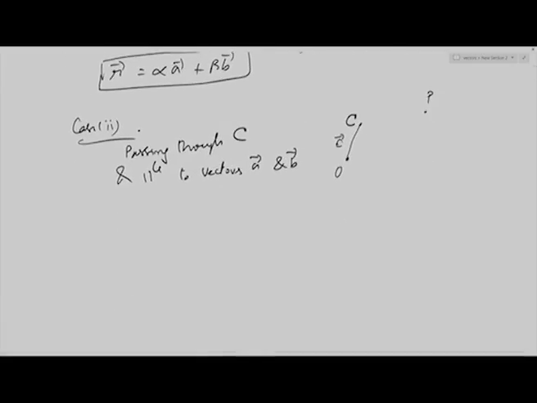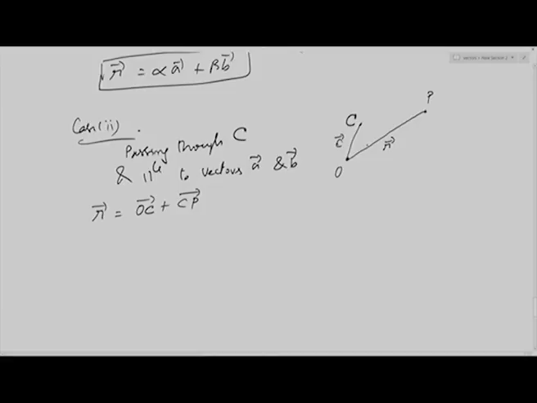Then the equation of the plane can be found like this. Remember the point C and the point P are lying on the same plane. Now, if I call the position vector R, then R is simply OC plus CP.